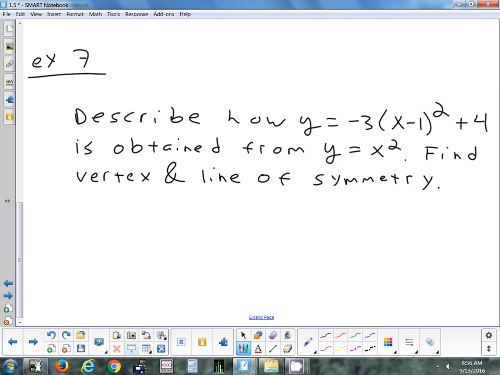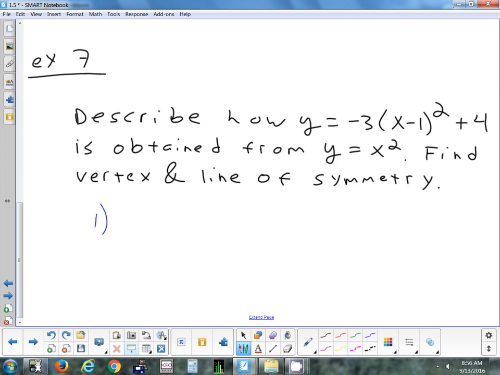That's a vertical stretch. And how much is it going to stretch by? How about Ayla? Factor 3. Yeah, vertical stretch by a factor of 3.